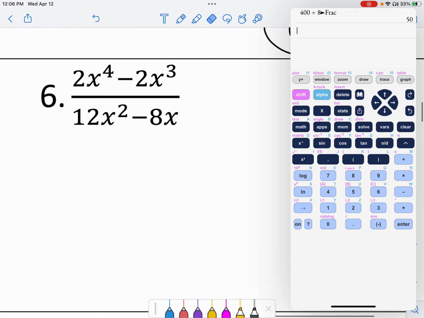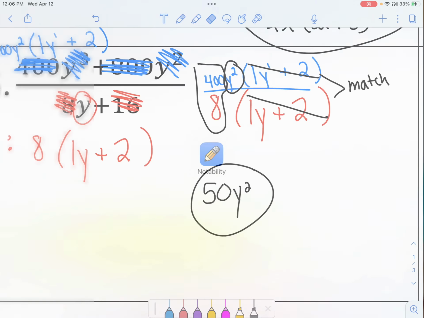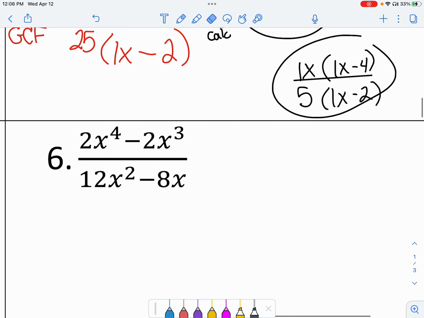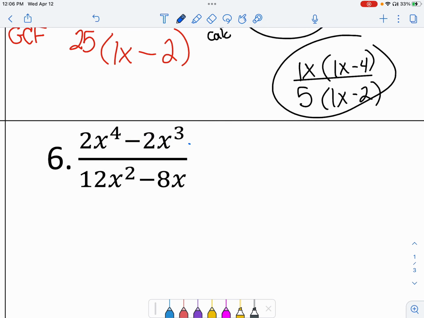All right, one more, okay? Let me get rid of this here so I have more room. We got this. GCF on the top. Now, because I will move those down on yours, you can write it above it. I don't want it to get mixed up with everything above. The GCF of 2 and 2 is 2. And now let's look at the x's. I have x to the fourth and x cubed. Are you catching on? Do you remember? Is it x to the fourth or x cubed that I should pick? It is x cubed.